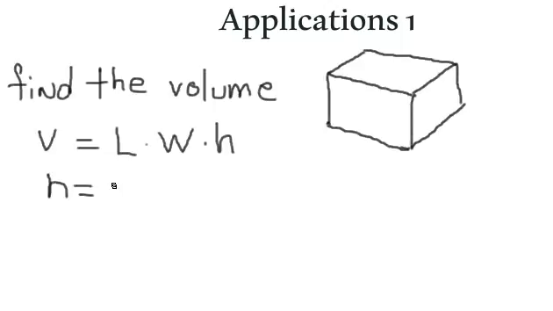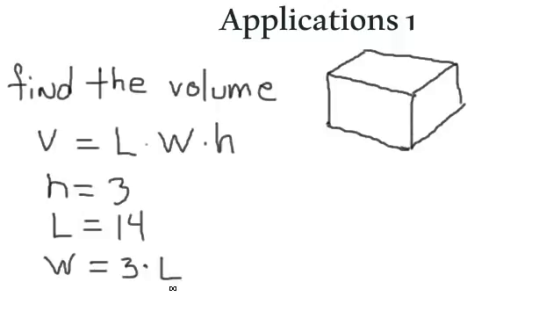The height of the box is 3 feet and that the length is 14 feet and the width is, that would be equals, the width is 3 times the length. So these are the things they give us, and of course this is the formula that we're going to use.